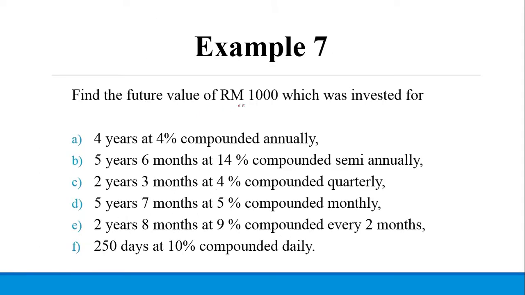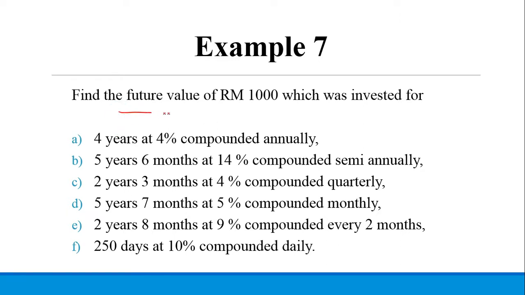Find the future value for 1000, which was invested for 4 years, at 4% compounded annually. For this case, please jot down before you start.